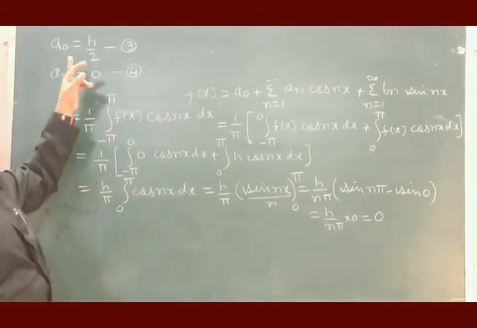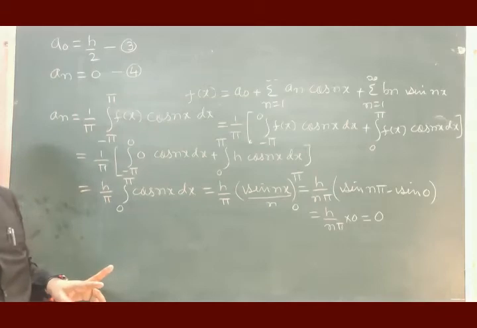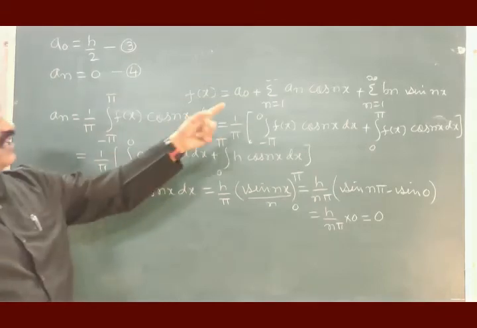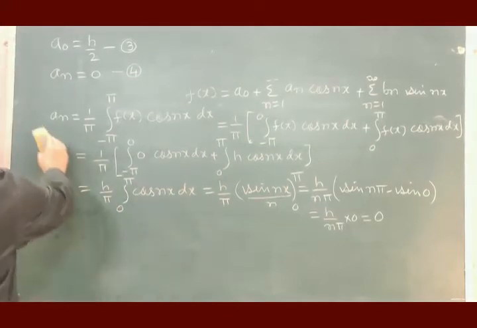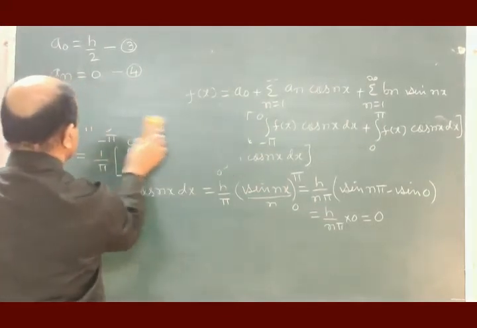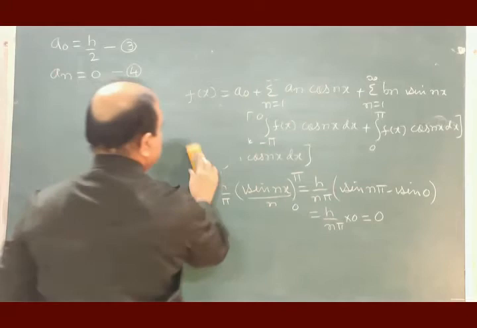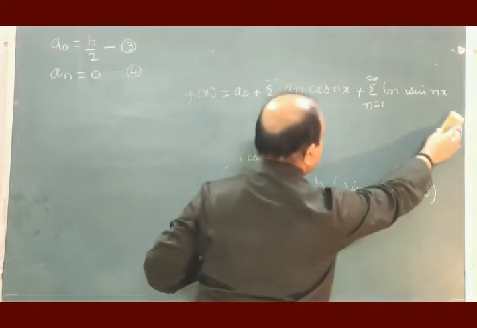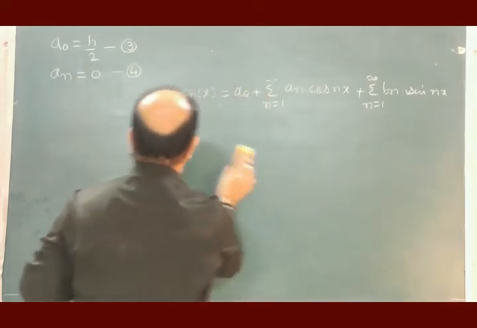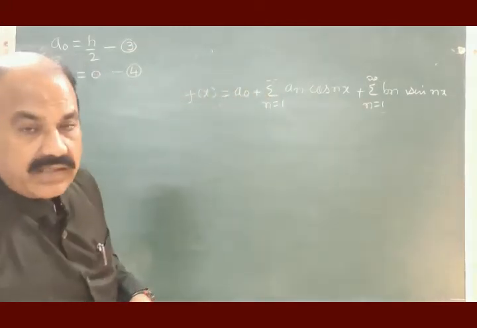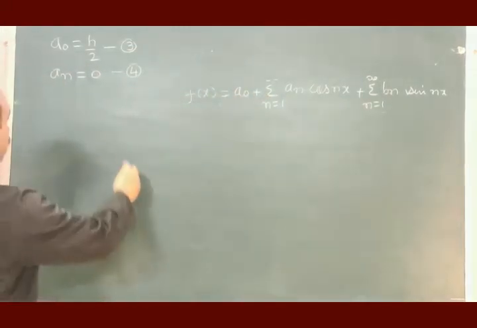After evaluating coefficients A0 and An, let us evaluate coefficient bn. Write the formula for coefficient bn.